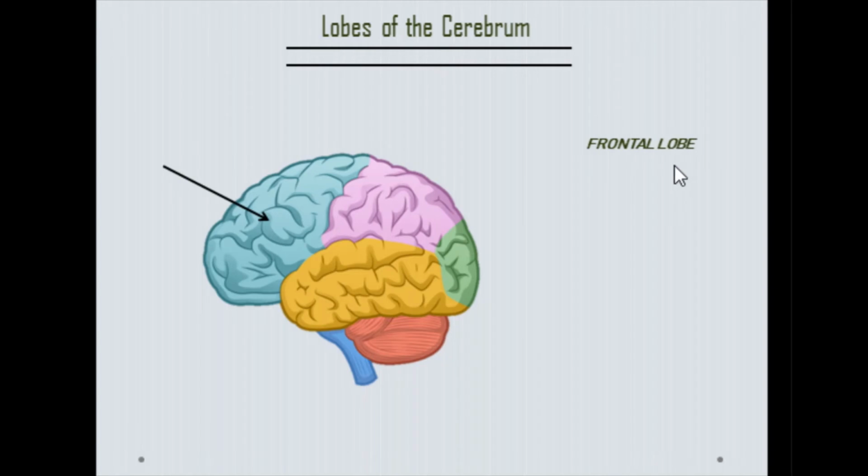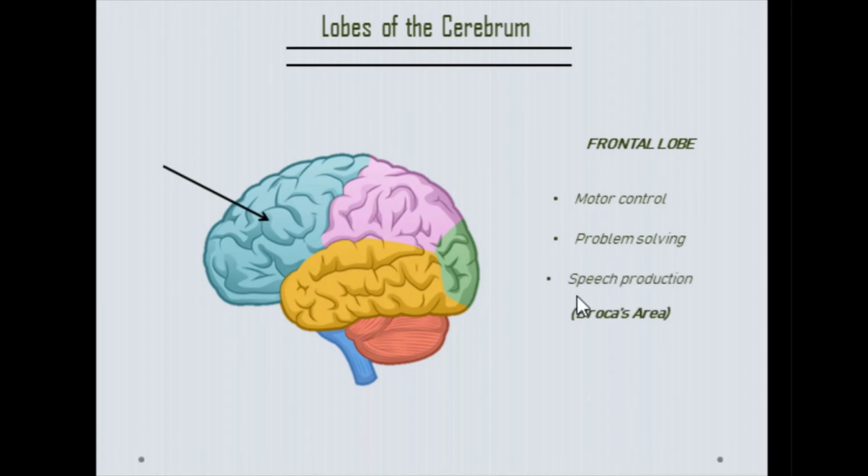Good job! What is the frontal lobe for? First, frontal lobe is for motor control. It means we can do movements and actions because of the frontal lobe. We can also do problem solving. You can think well because you have the frontal lobe.